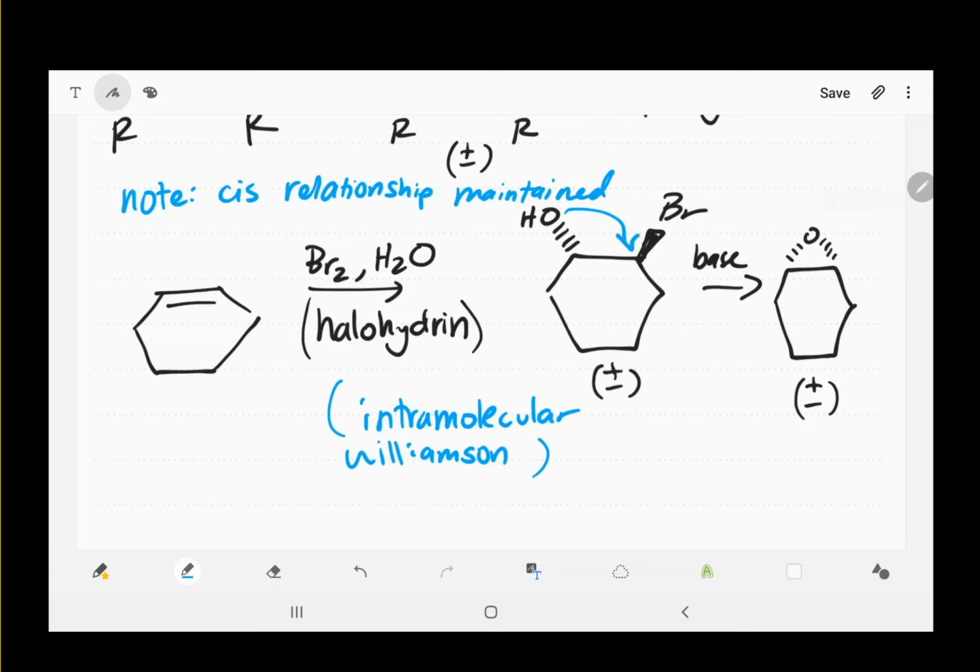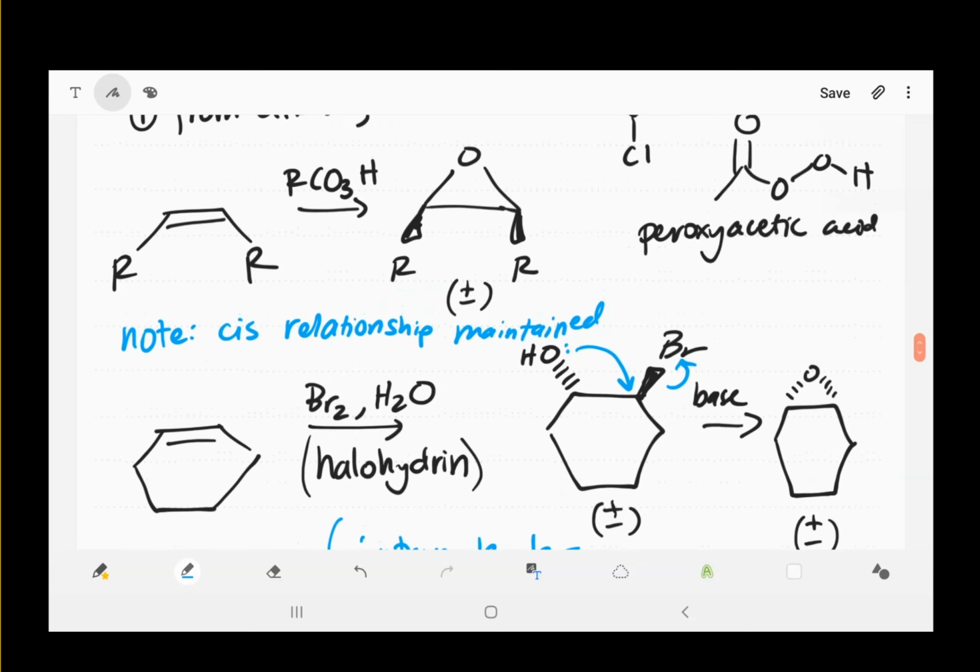Then you'll end up kicking out your bromine, and now poof, you've got an epoxide. So those are the two main ways to do it.